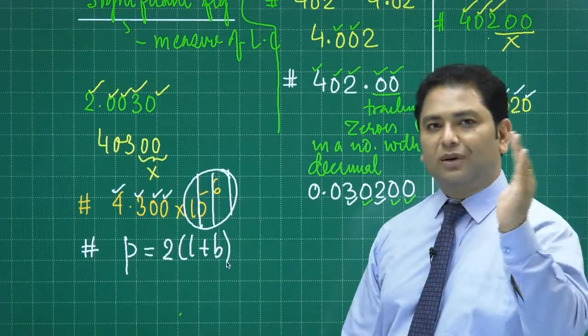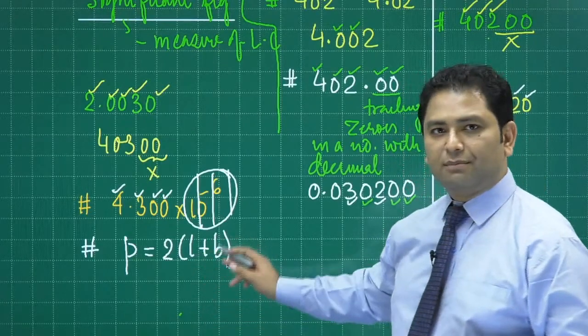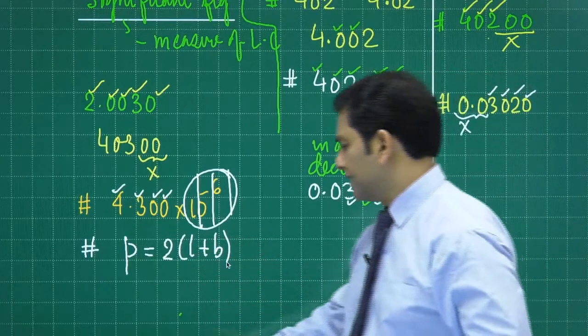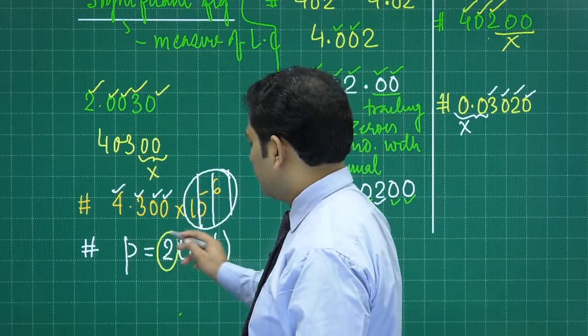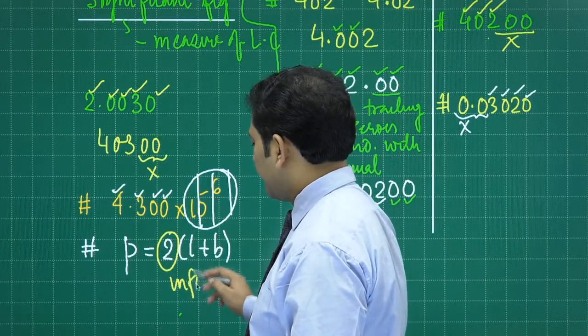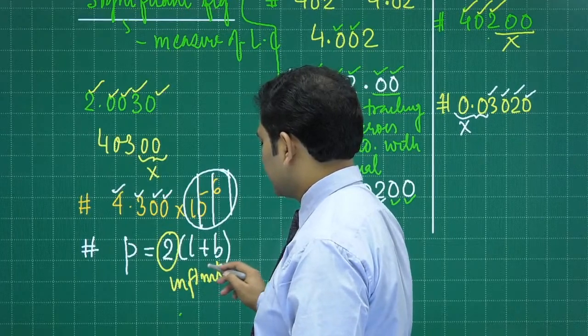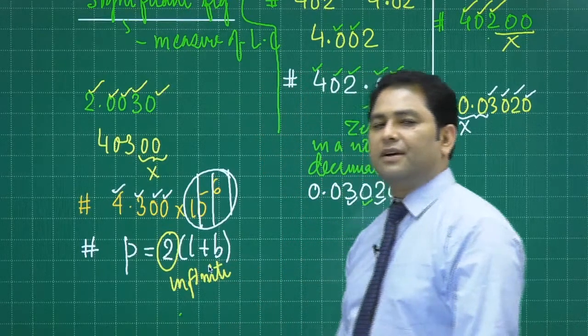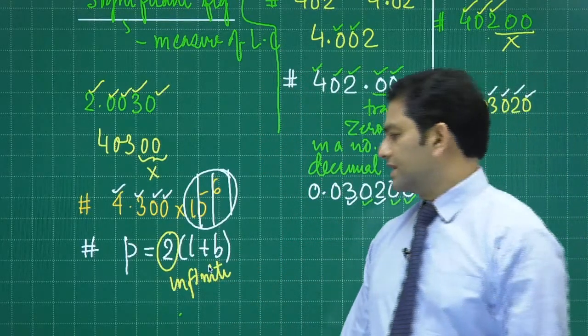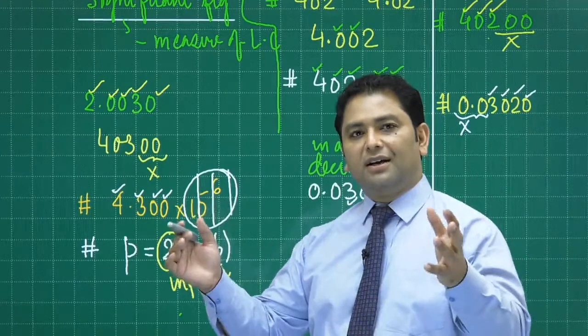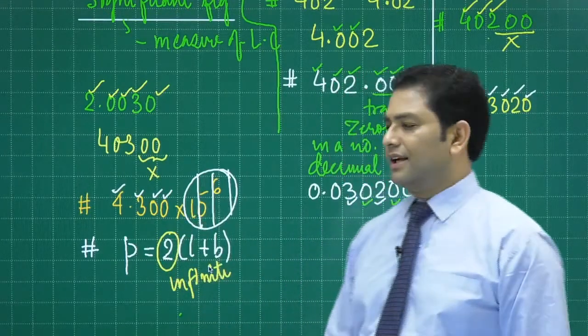It is not a measured quantity. Length is measured, breadth is measured, but 2 isn't measured. And this sort of number will have infinite significant digits. So whenever you get any value which comes out of a formula, it will have infinite significant digits.